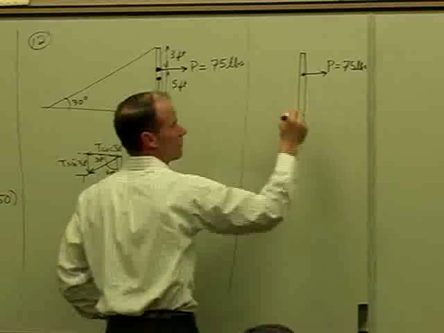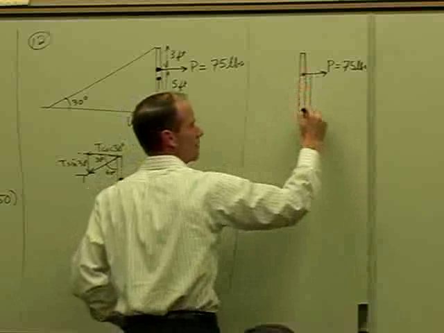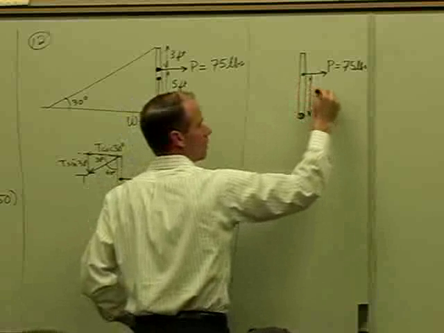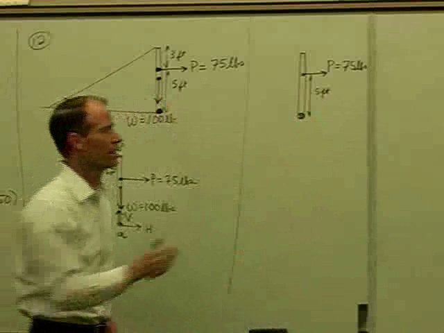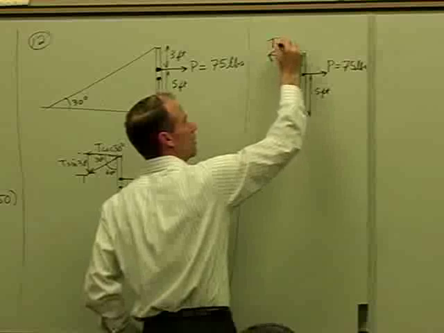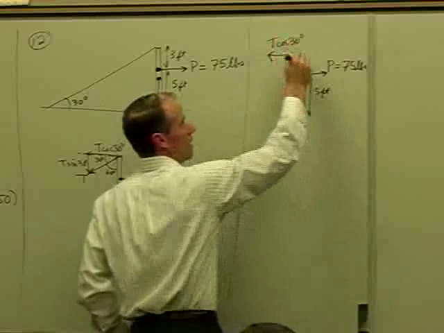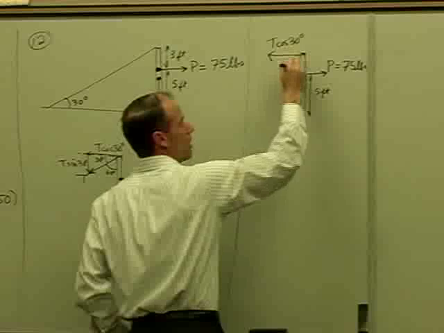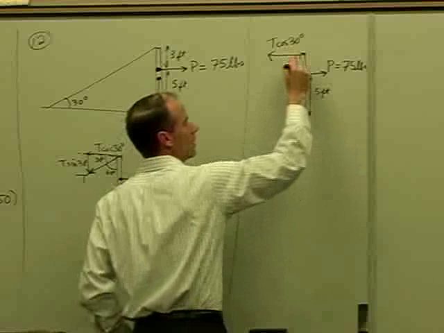I got P at 75 pounds, which is 5 feet up, going to the right, and I have a T cosine 30 acting at the top with a moment arm of 8 feet.